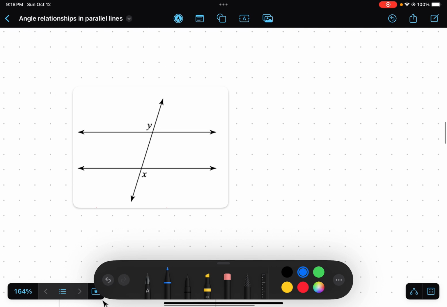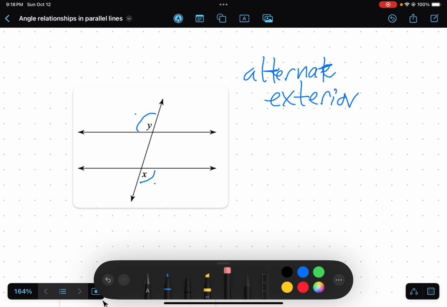All right, so these two angles are on opposite sides and they're outside of the parallel lines. So these two angles are called alternate exterior angles. Sorry, let me make that a little neater because it's a new word. Okay, alternate exterior angles.